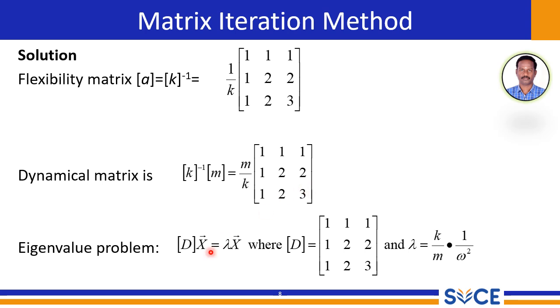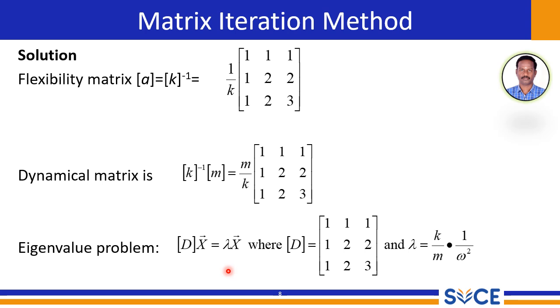Finally, we are going to solve this eigenvalue problem to find the natural frequencies and mode shapes. Here D matrix represents the dynamic matrix and we are looking for vector x, which will be our mode shapes, and scalar values, that is lambda.